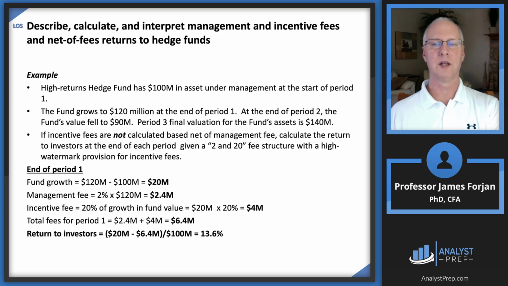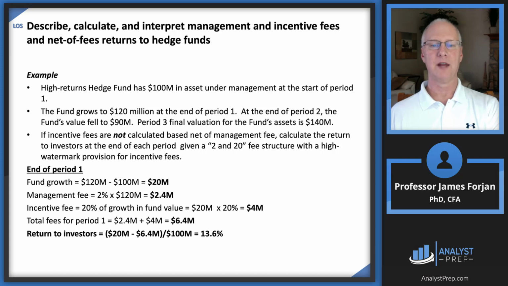All right, so let's calculate the return to the investors, and let's do that if the incentive fees are not calculated net of the management fee, and we have one of those 2 and 20 fee structures. At the end of period 1, what do we know? It went from 100 to 120, so there's a $20 million growth. Management fee is going to be 2% times the 120 million. That gives us $2.4 million in management fee.